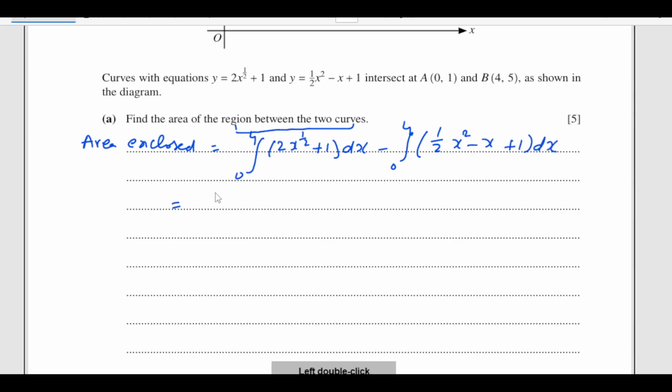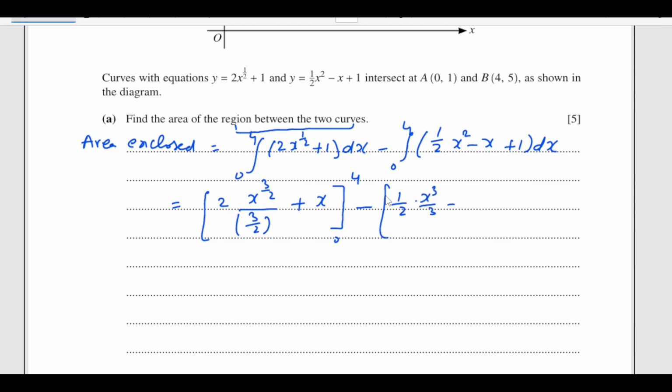So when you integrate, this comes out to be 2 x power 3 over 2 over 3 over 2 plus integration of this is x, and limits are from 0 to 4, minus, then we have half into x cubed over 3 minus x squared over 2 plus x, limits 0 to 4, right?